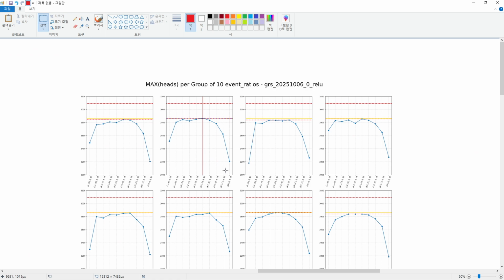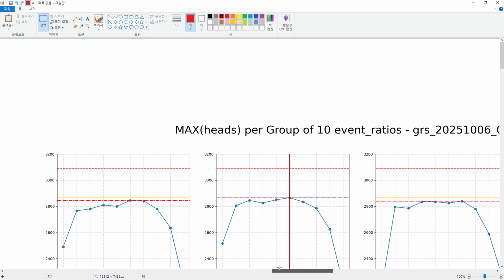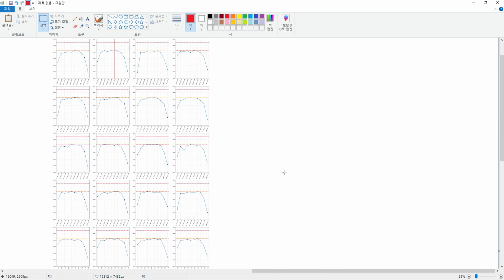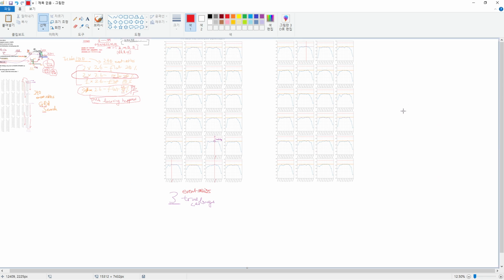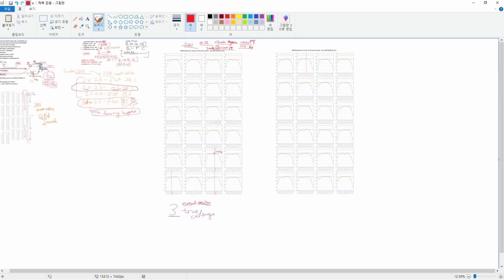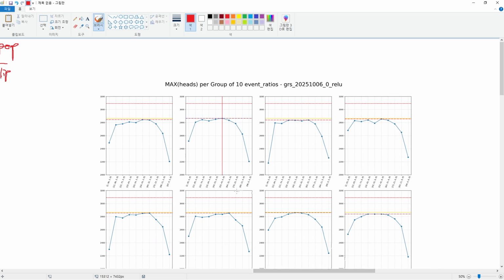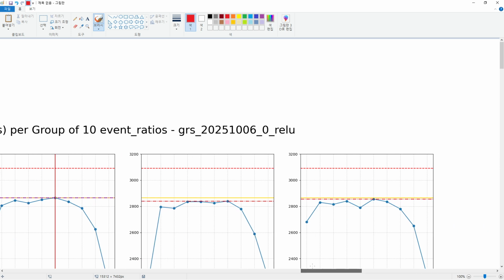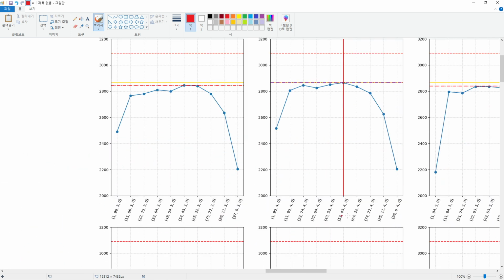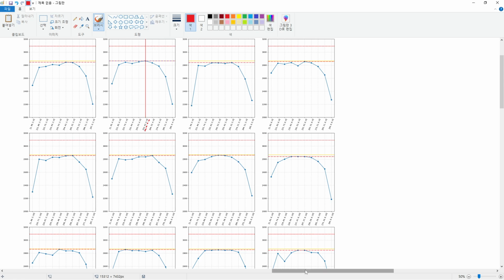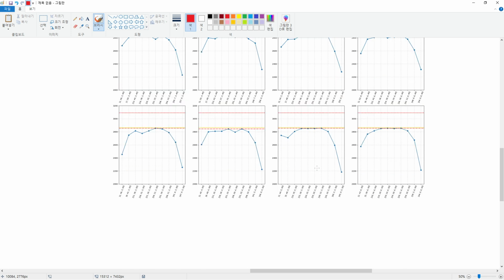In this case, there was only one entity event ratio that gave me a true ceiling, and in this case it was 53, 43, 40, and 4, and then 0. Okay, but none of them actually managed to give me a true ceiling.